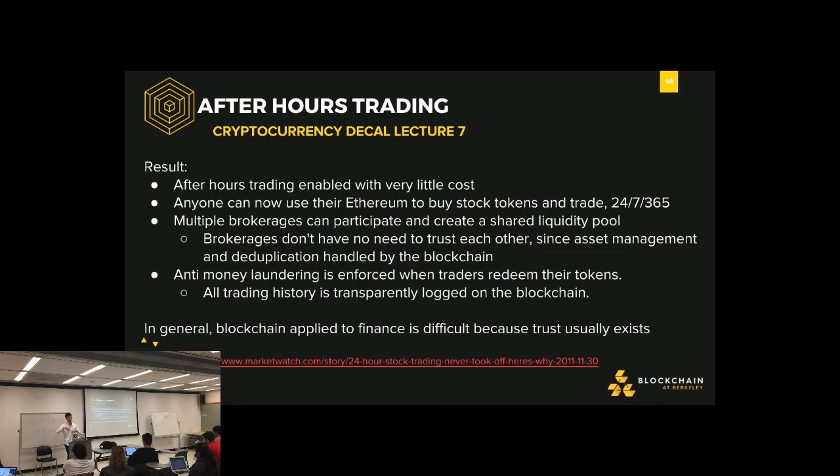Similar to how cryptocurrency exchanges don't require any information from you when you're just trading crypto assets, but as soon as you want to convert a cryptocurrency into US dollars, they suddenly ask for your passport, your social security number, your driver's license. That's how, in general, you enforce regulation in the blockchain space.